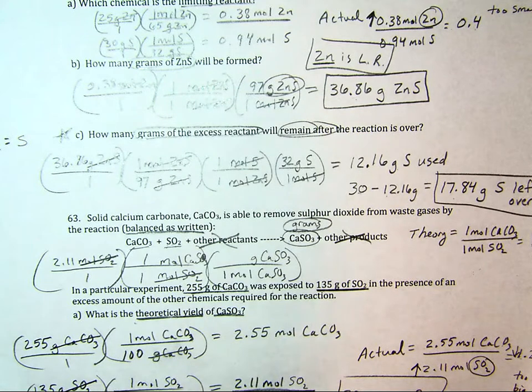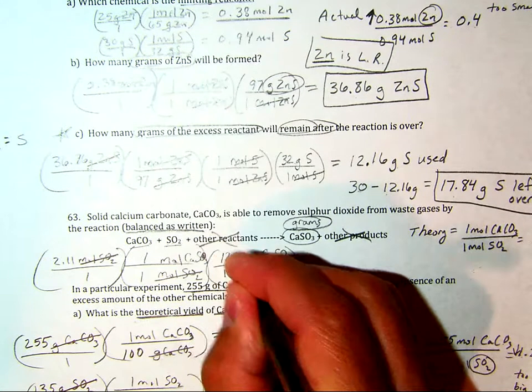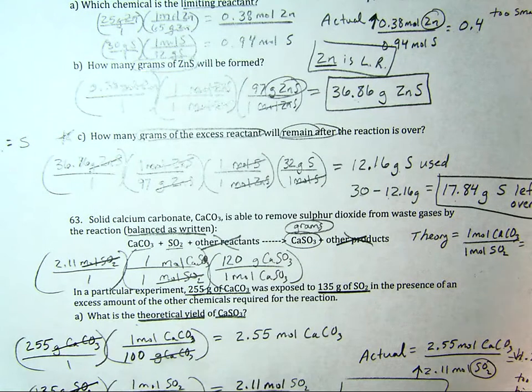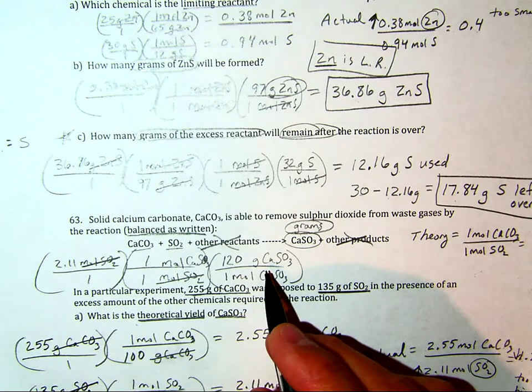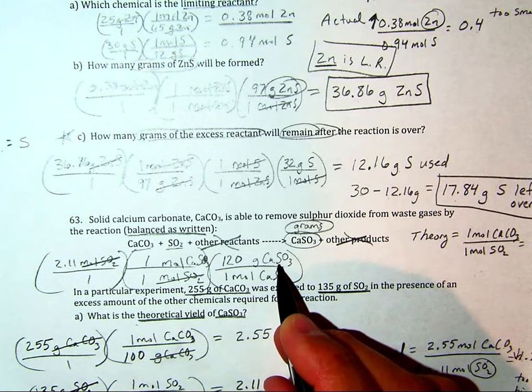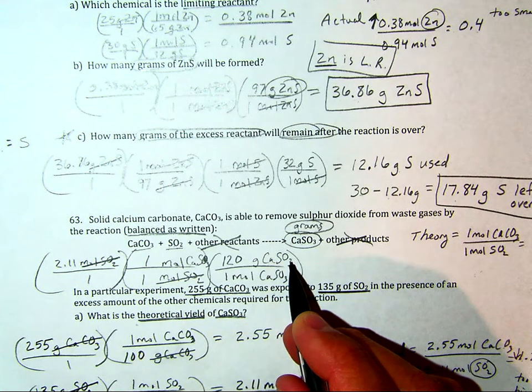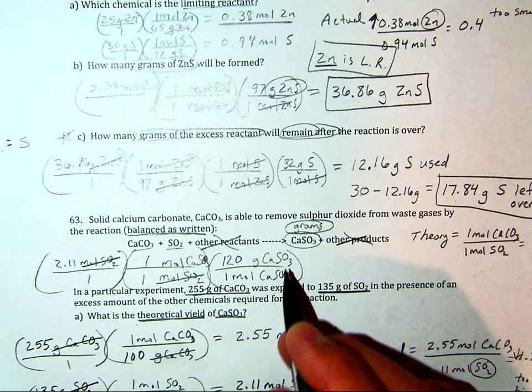So let's see what our molar mass of calcium sulfite is. So I'm getting that the molar mass is 120 grams. So we had 1 calcium, which was 40, sulfur is 32, and then the 3 oxygens, they're 16 apiece. So yeah, 120.